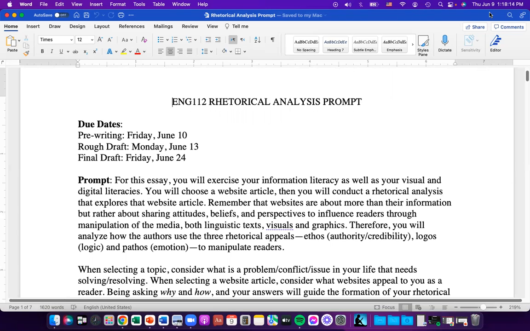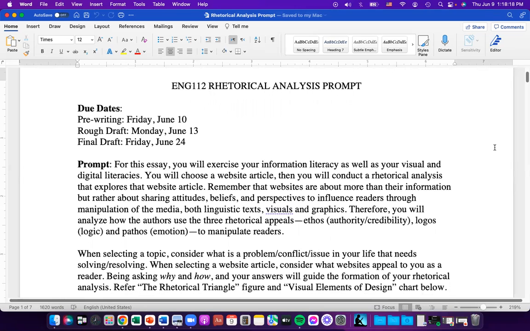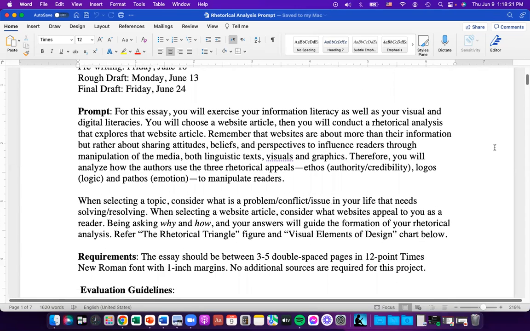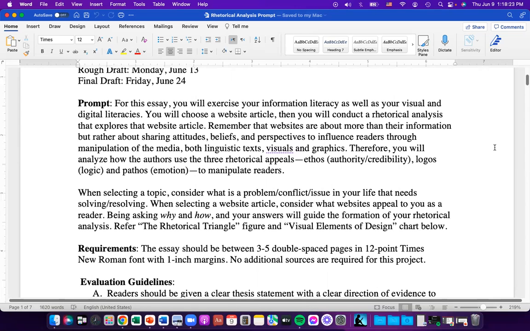So it is very important that you follow this prompt to the T. What you'll be doing is you'll be looking at some kind of website, whether that be a blog post, an online newspaper or magazine article, or maybe some kind of organization or government website as well. Those are all options for you to choose. I would like for you to choose something in a topic that is credible, though.